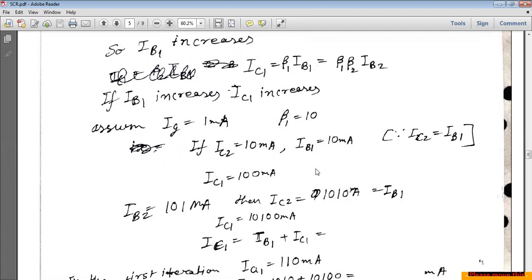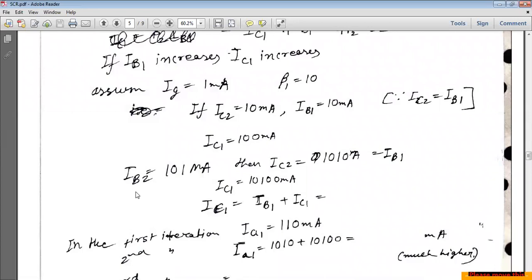Since beta equal to 10 and IB1 is equal to 10, IC1 will be equal to 10 into 10, so IC1 equal to 100 milliampere, IB2 equal to 101 milliampere.